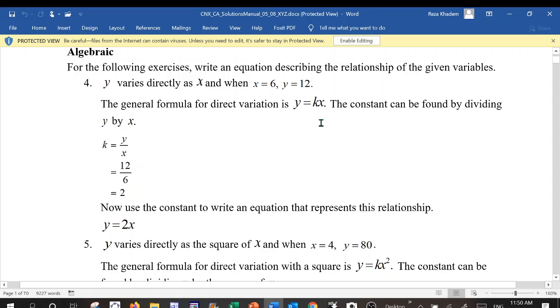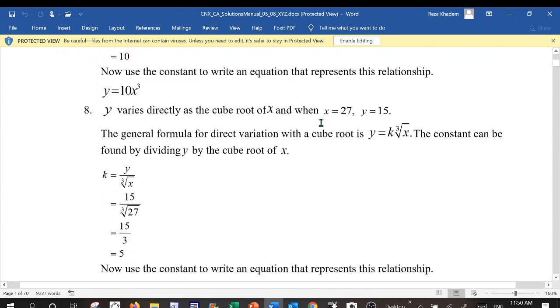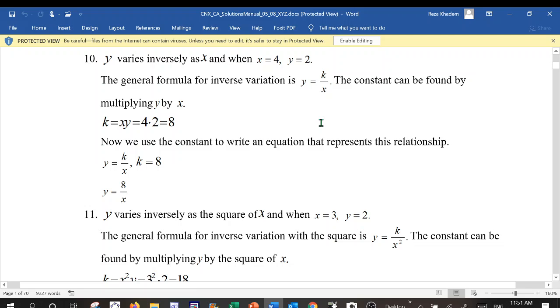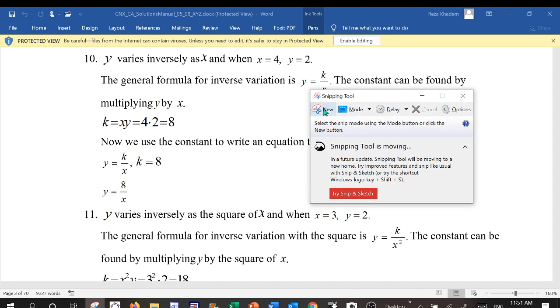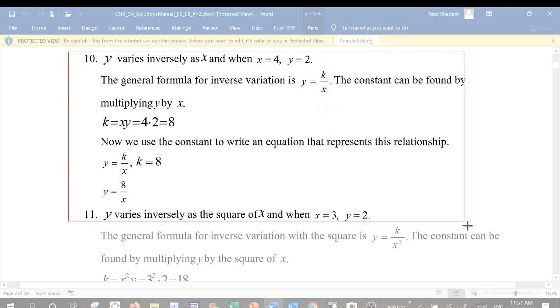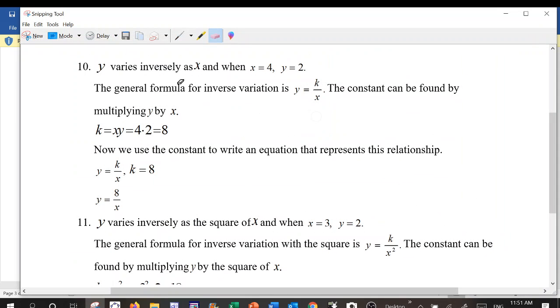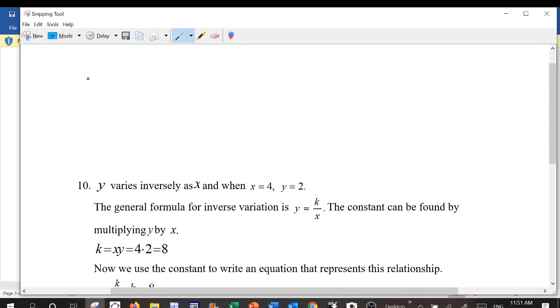Let's do number 10. Now here we are told that y varies inversely as x. Now what does that mean? When two variables vary inversely, that means one of them is in the numerator, the other one is in the denominator.